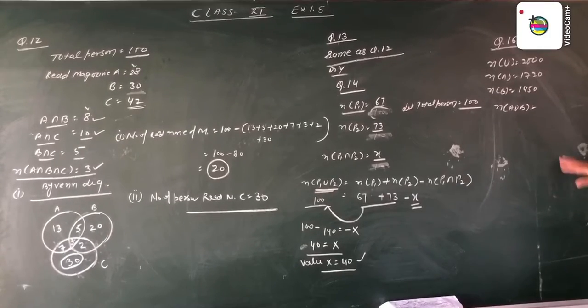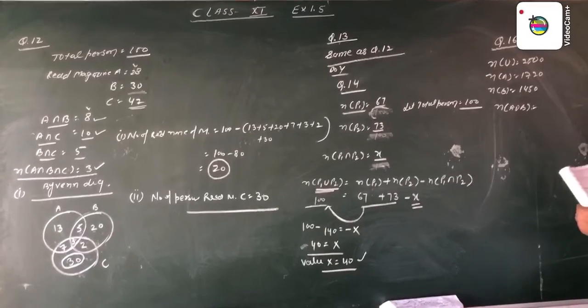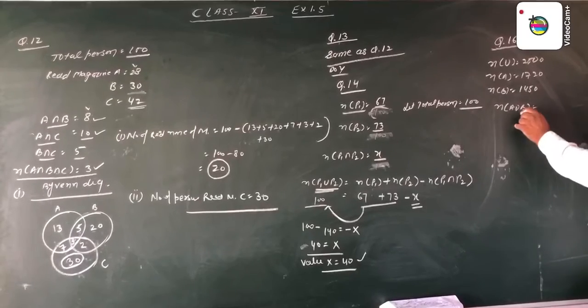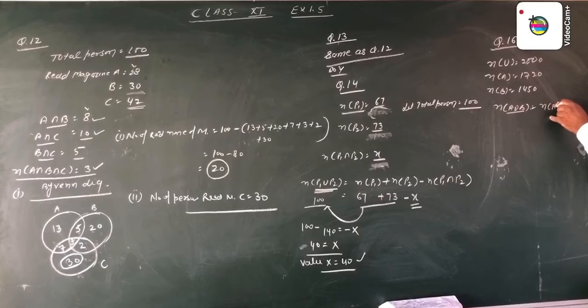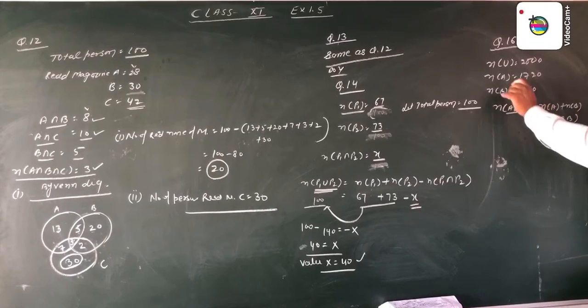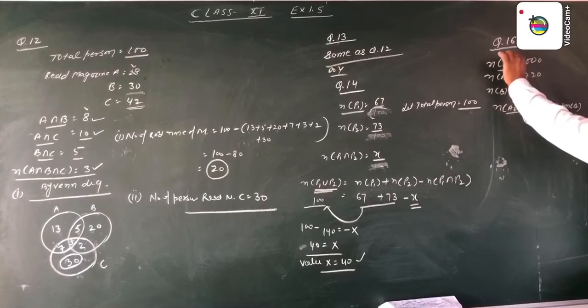Here the total number of persons in a group is 2000, and the number of students who like product A is this, B is this, and now we use A union B equal to A plus B minus A intersection B. U is the universal set, which means the total number of persons.